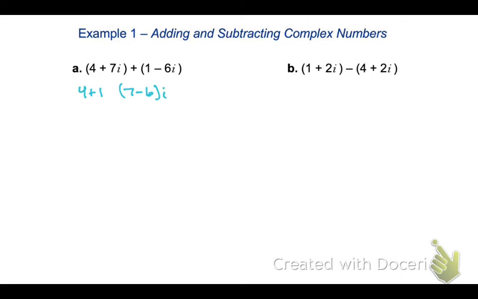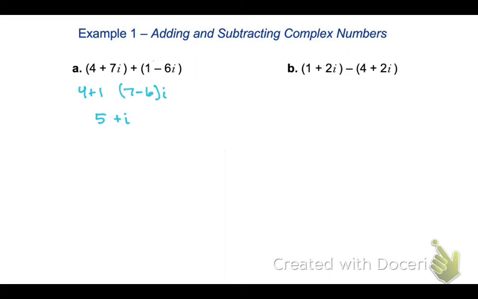So 4 plus 1 is 5, and 7 minus 6 would be positive 1, yes? So plus i. I typically don't even write this out. I just kind of do it like multiplication, right? But that's not the way I show my work. Okay, next is subtraction.